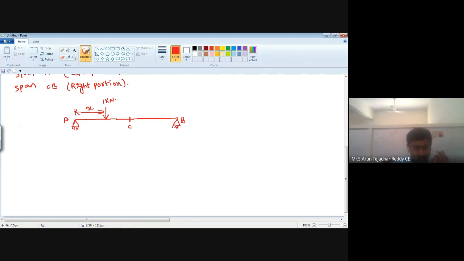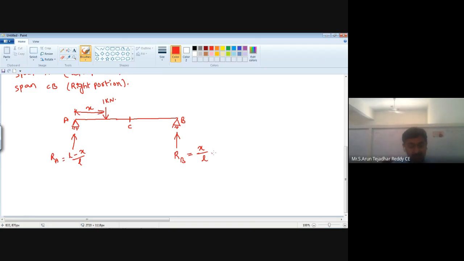Next, in this diagram, RA is equal to L minus X by L, RB is equal to X by L. Now, what is our first portion?